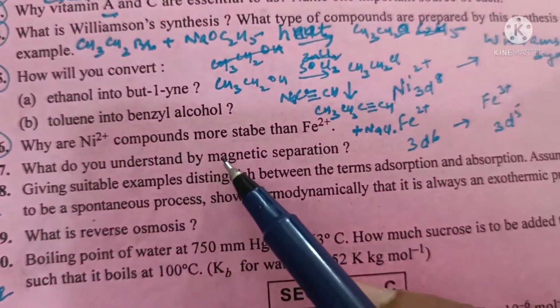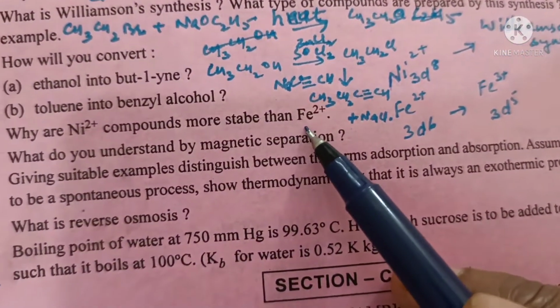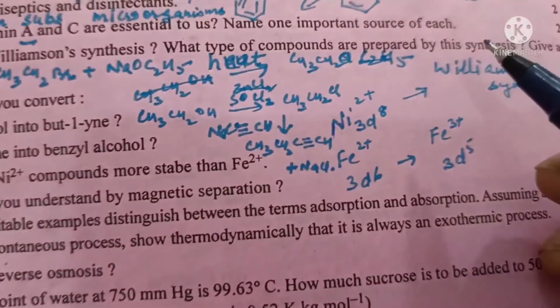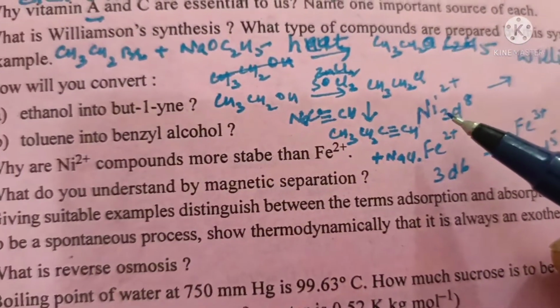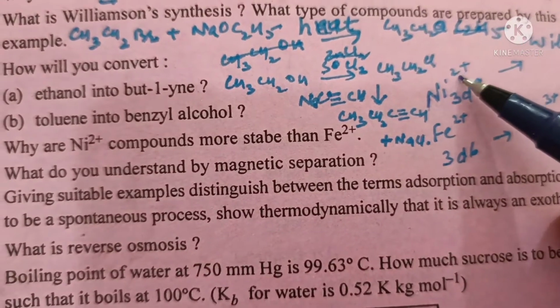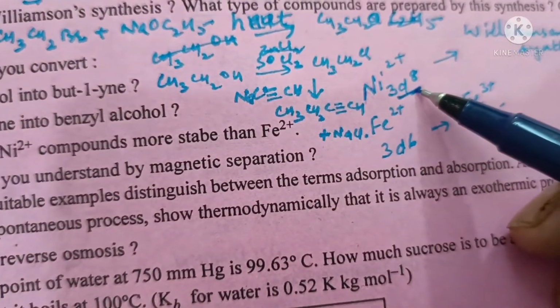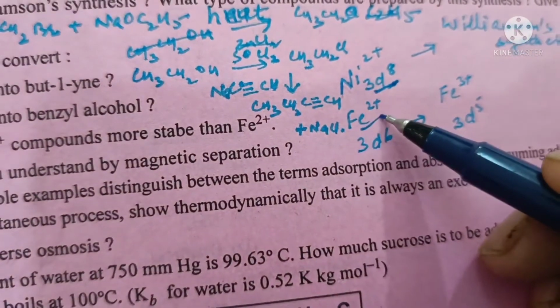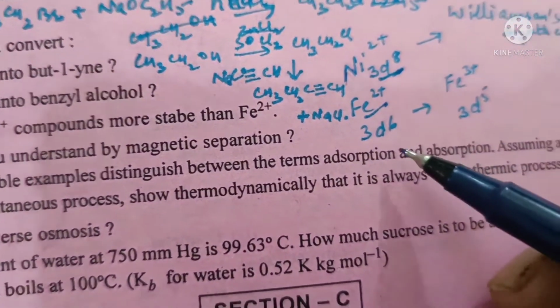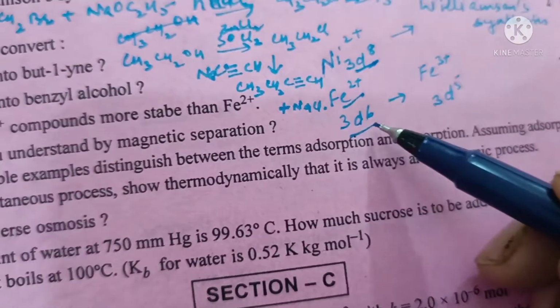Why are nickel compounds more stable than ferrous compounds? It's because of their electronic configuration. In +2 oxidation state, nickel has the electronic configuration 3d8, whereas iron in a +2 oxidation state has configuration 3d6.